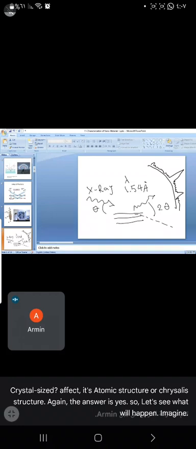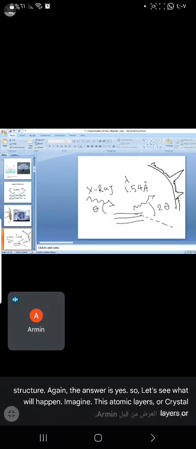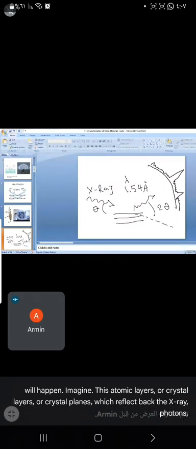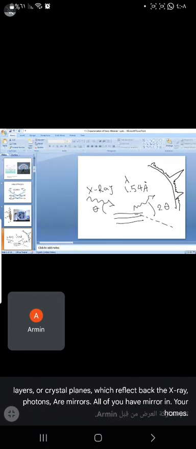Imagine these atomic layers or crystal planes, which reflect back the X-ray photons, are mirrors. All of you have a mirror in your homes. Imagine it is a mirror.